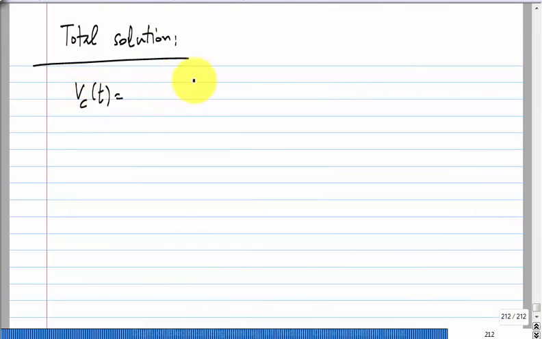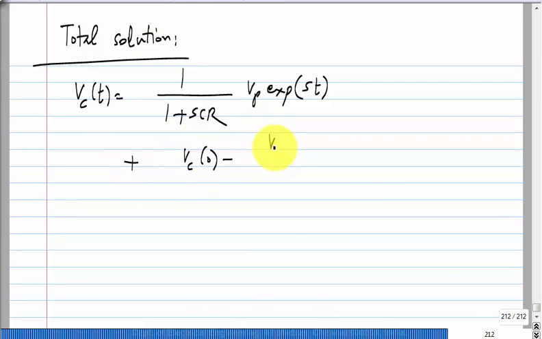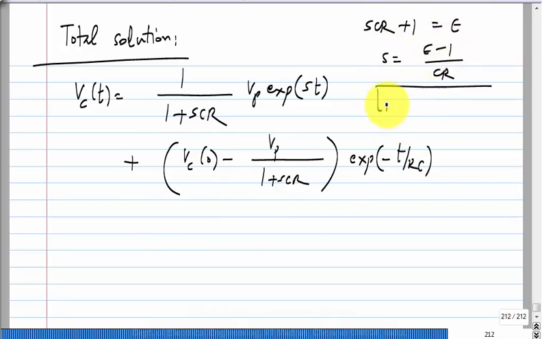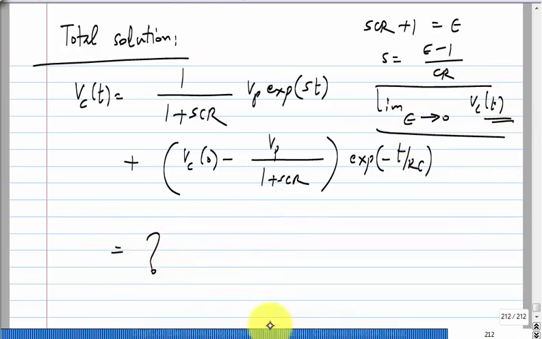Take the total solution. So, define S as minus 1 by CR plus epsilon, and take the limit epsilon tending to 0 of Vc of t, and find out what it is.